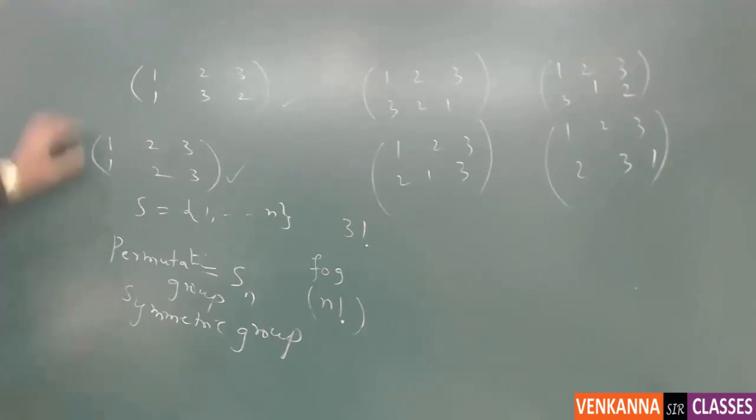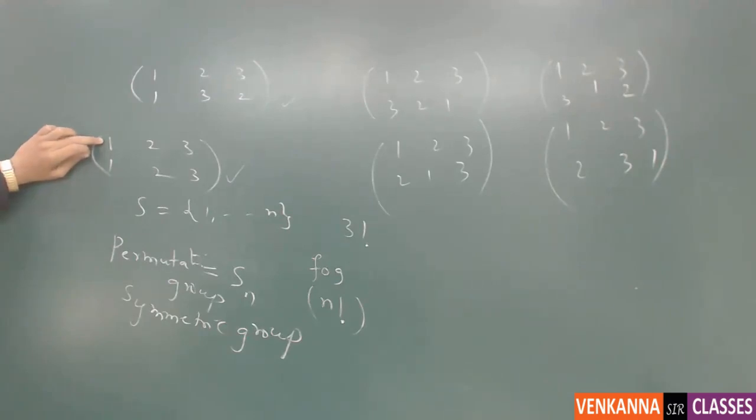Now, in this permutation, how many symbols are there? 3 symbols, isn't it? So we call it a permutation of degree 3. The degree of a permutation is nothing but the total number of distinct symbols you are using in that permutation.